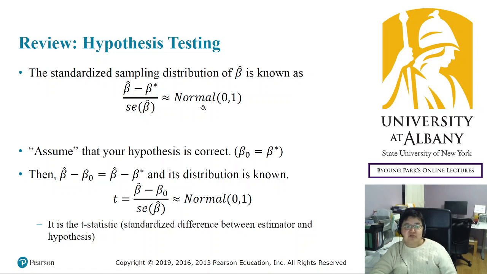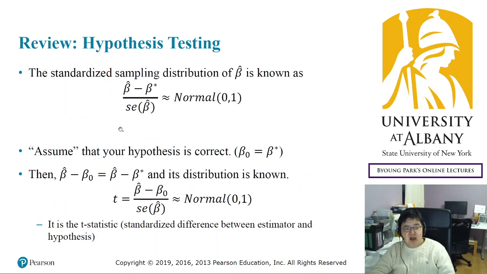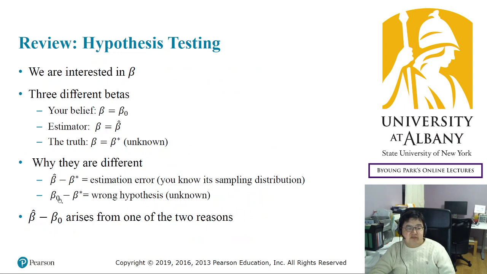Normal 0, 1, the standard normal distribution. So it is well known. As I said, the first difference is easier to handle. You know how it is distributed. However, the second difference is unknown.